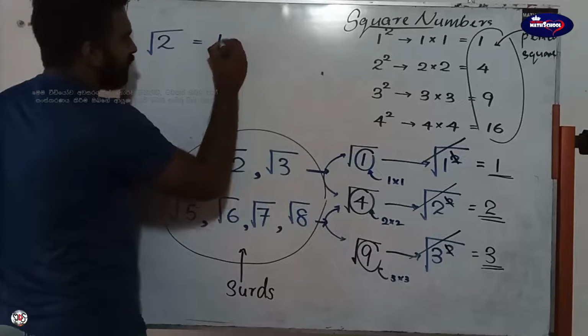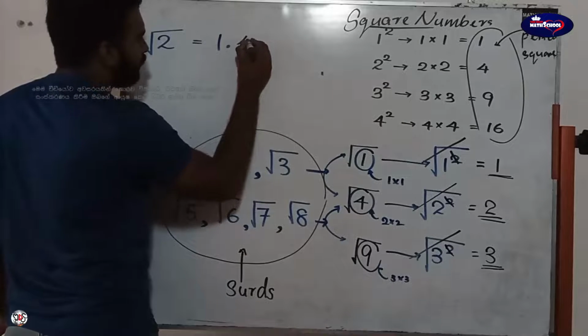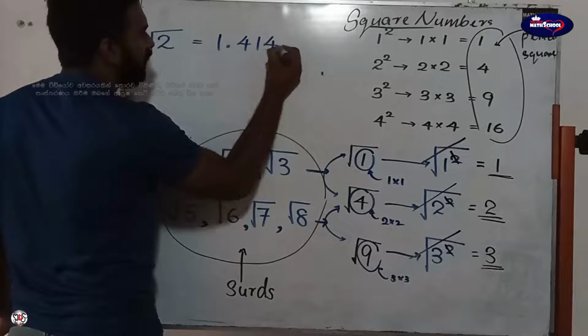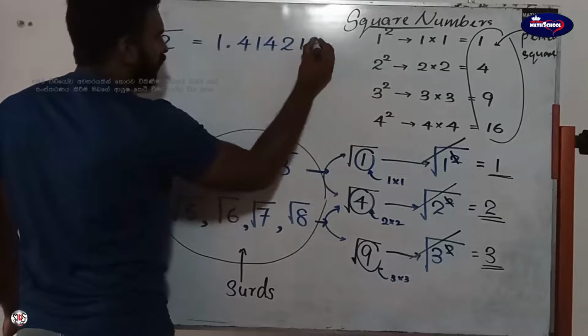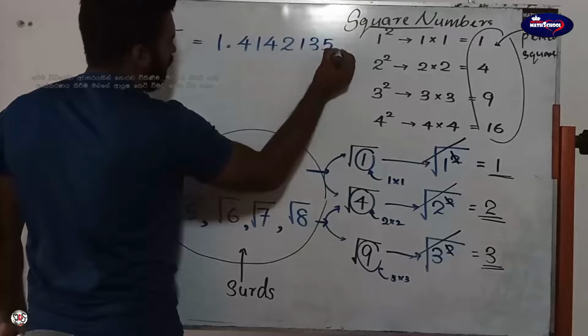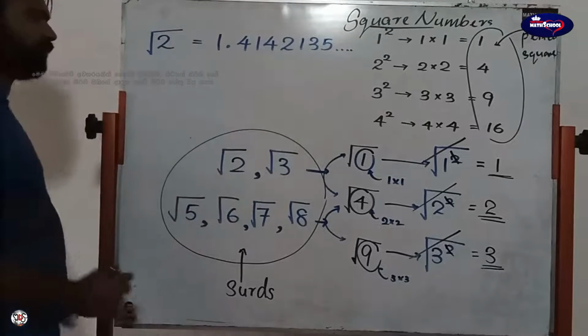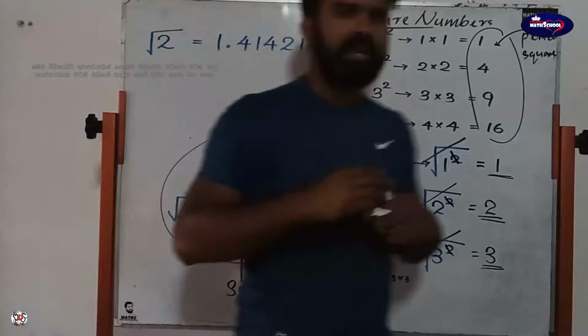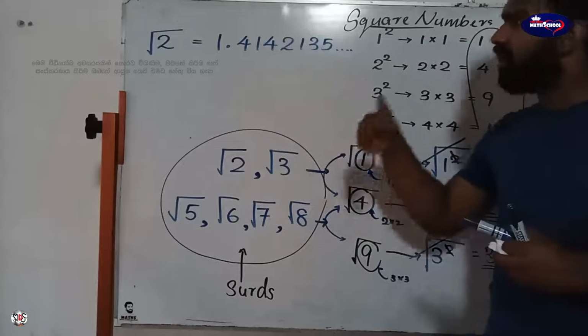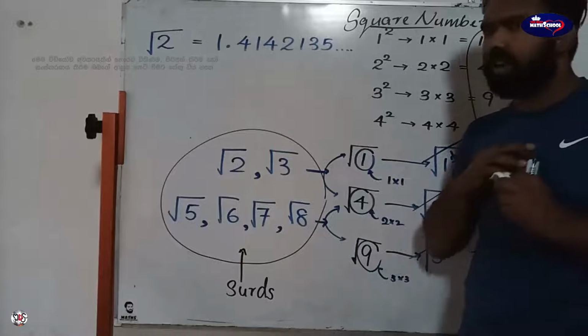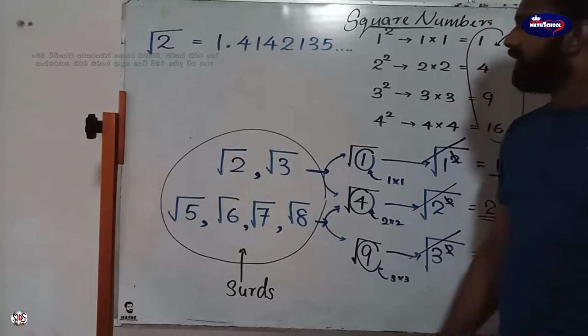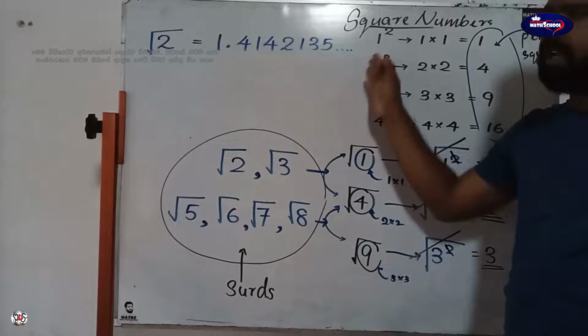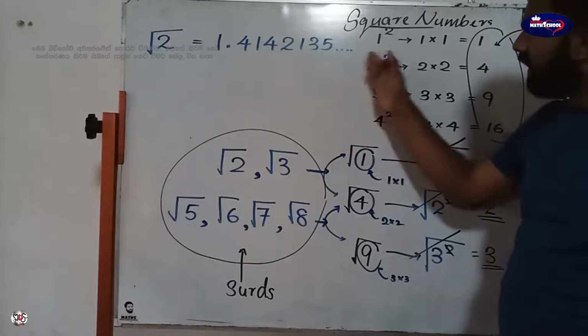You will obtain something like 1.41421351. So here, if you judge the decimals, you can identify it is not recurring. That means it is not repeating the same number. So there is no order, and it is not getting finished even.